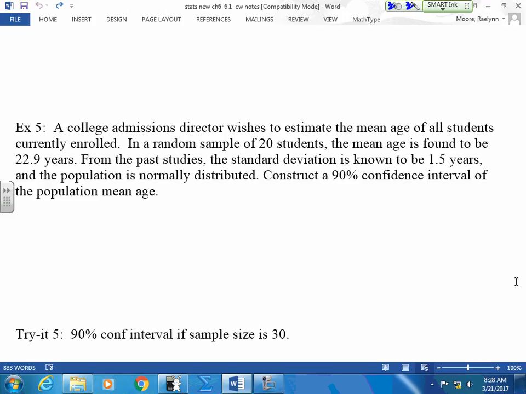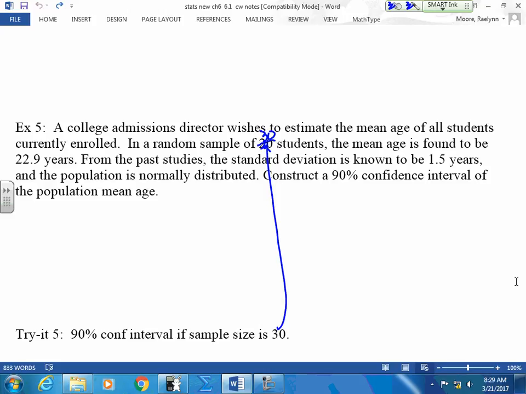The only thing that's going to change is this. My sample size is going to be 30. So I want you to do this for me. I put this into here because this one's in the book, but the 30 is not. But the process is the same. So if you're going to look at the book, this way you can figure out the process.